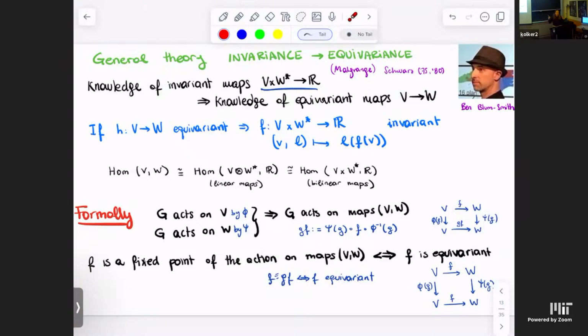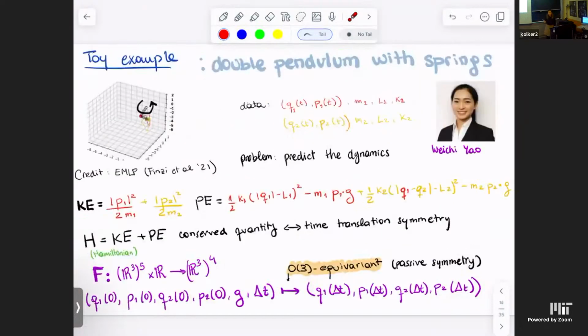So then you can say, well, if I understand all the invariants, then I can understand all the equivariant functions using some mathematical reduction.